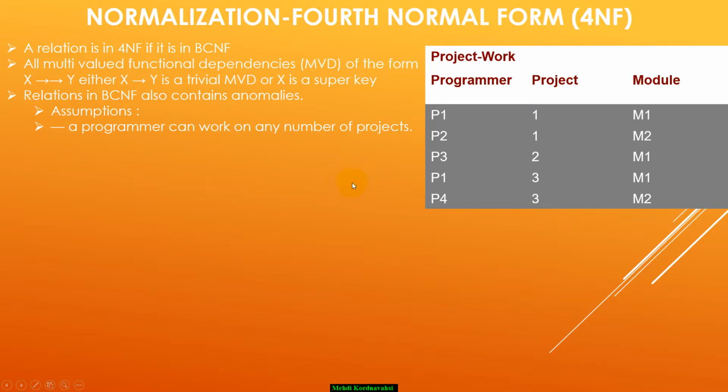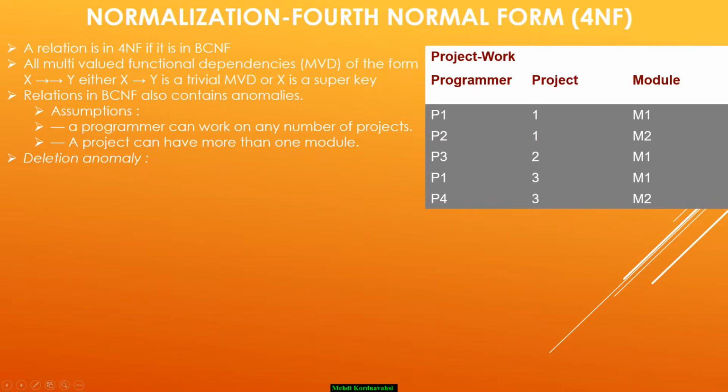And the next assumption is a project can have more than one module. For example, project 1 has module M1 and module M2, and project 3 also has module M1 and module M2. These are the assumptions. Relation project works is in BCNF but still contains anomalies.